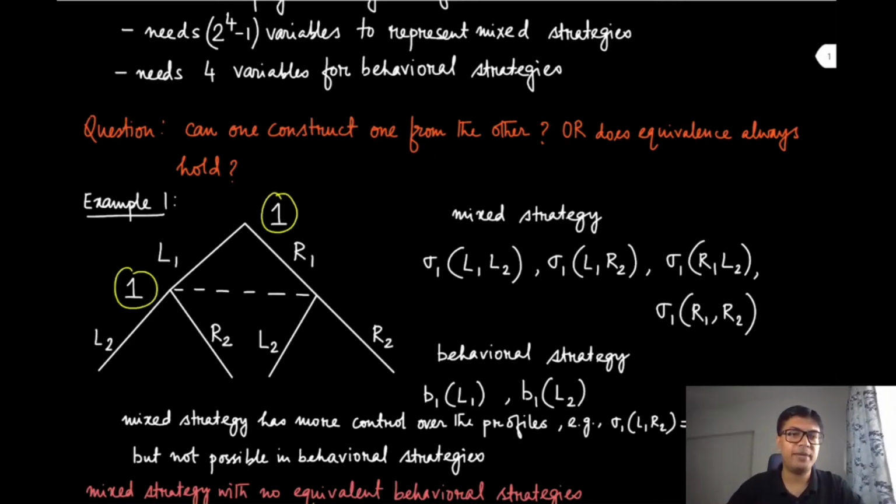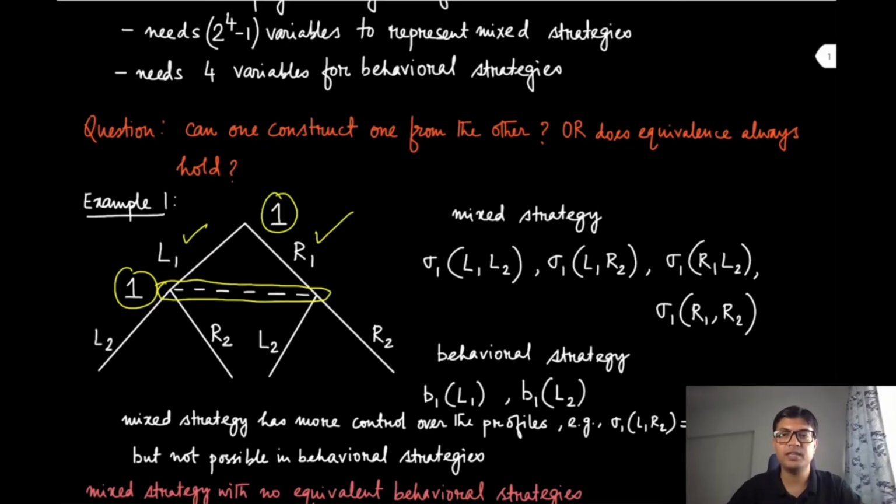First player 1 picks either action L1 or R1, then it forgets which action it has picked. Therefore this information set arises, that is, player 1 at this second level does not remember whether it has played L1 or R1. So in this information set, its action set will be the same, L2 and R2.